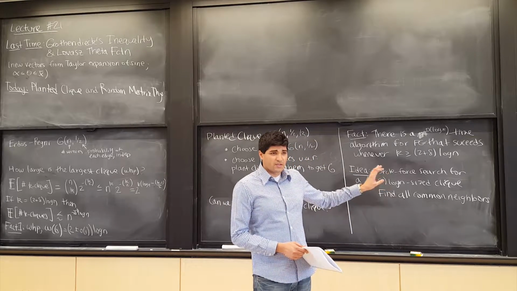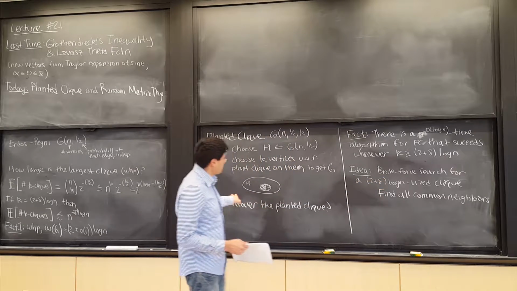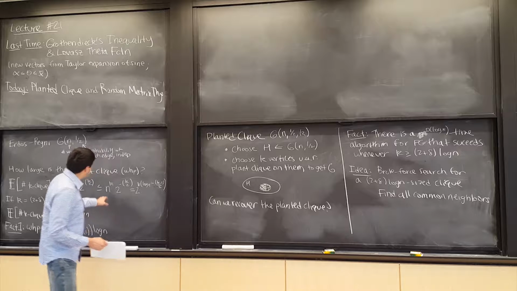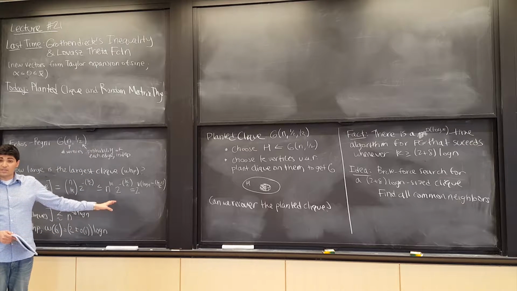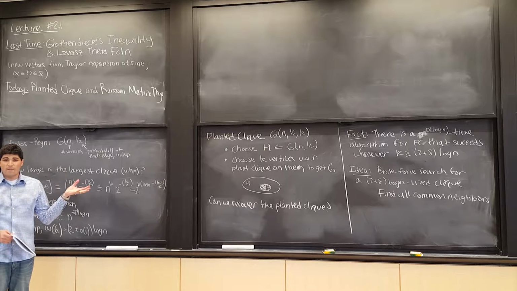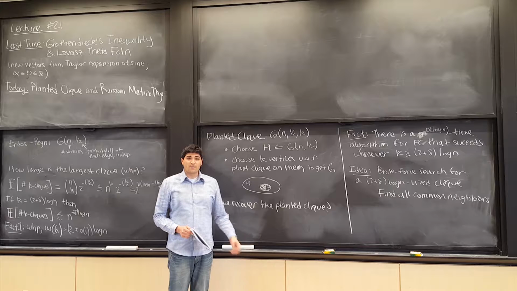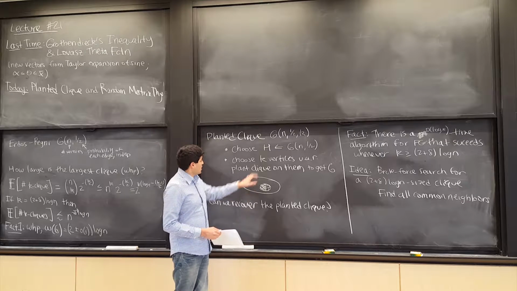I'm only going to sketch this because this isn't the main focus, but the main takeaway is that, just by thinking about the statistics of how large the largest clique is in an Erdos-Rényi random graph, this is a problem we really can solve even when k is quite small, as something like 3 log n.